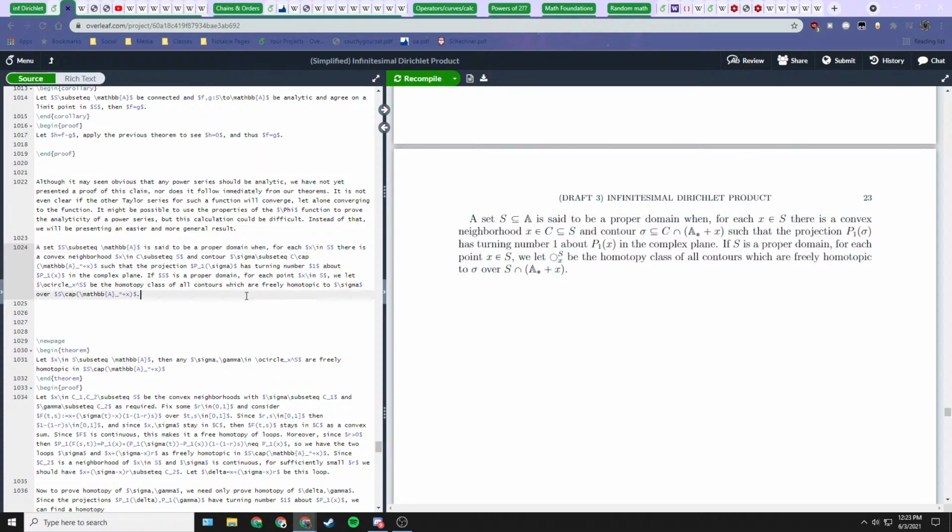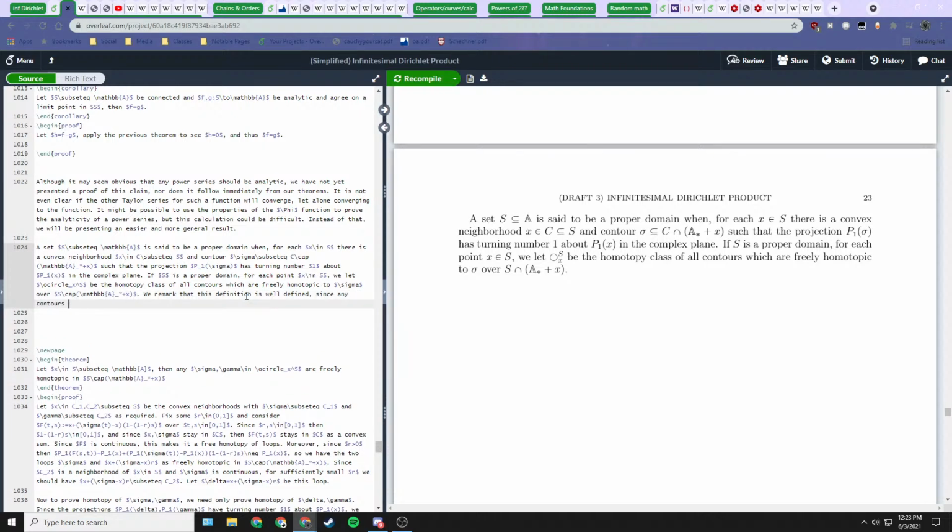And we're going to just add a note. This definition is well defined since any contours sigma satisfying the proper domain condition for Sx are freely homotopic.